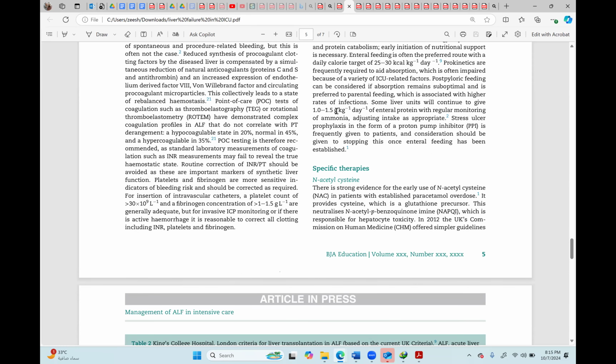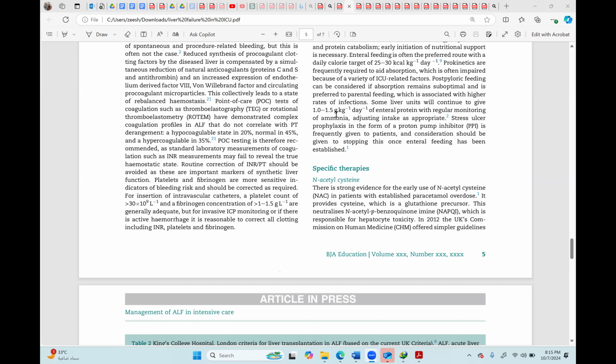Actually, N-acetylcysteine is more specific to paracetamol poisoning. So can you tell me a few words about paracetamol poisoning, how it occurs? What is the main point? Anyone wants to speak out? Faiza or anyone? Iqra? Actually, this NAPQI is a toxic product which is normally dealt with by glutathione.